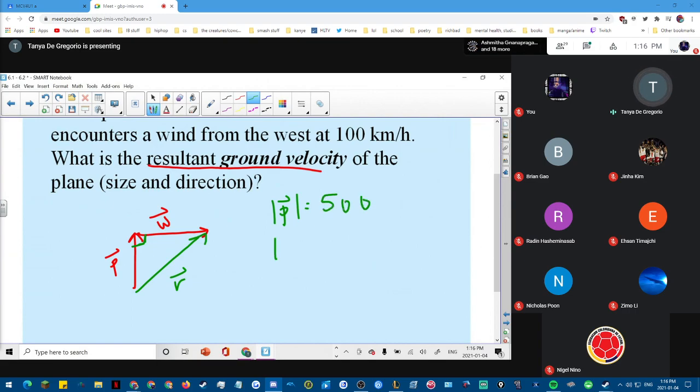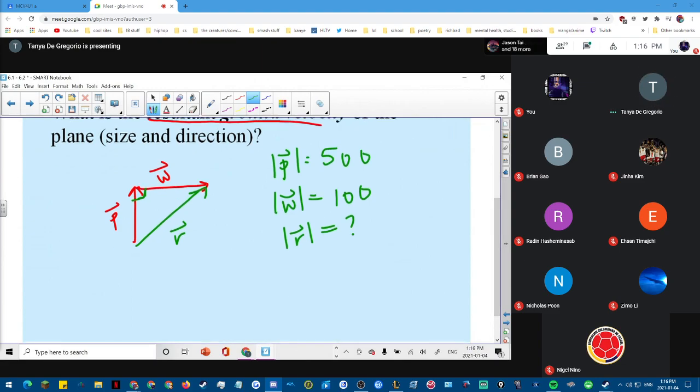I know the magnitude of the wind. That's 100. And I'm looking for the magnitude of the resultant vector. So what am I going to use here, guys? Is this hard math? What are we going to use here to solve for R? Pythagorean theorem. Very simple math.